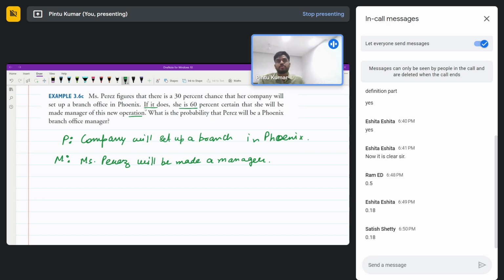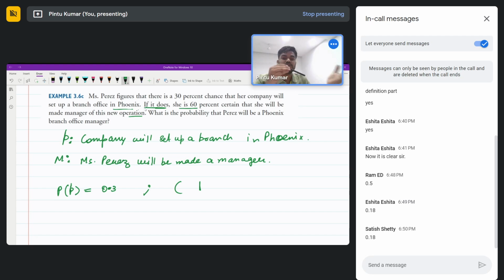So let's look at the information that is given to us and what is the quantity that we need to calculate. The first line says that there is a 30% chance that her company will set up a branch in Phoenix. So the probability of event P, let's call it small p so that you don't get confused with probability, is 0.3, right? And if it does, that means you are given that the company has already opened a branch in Phoenix.